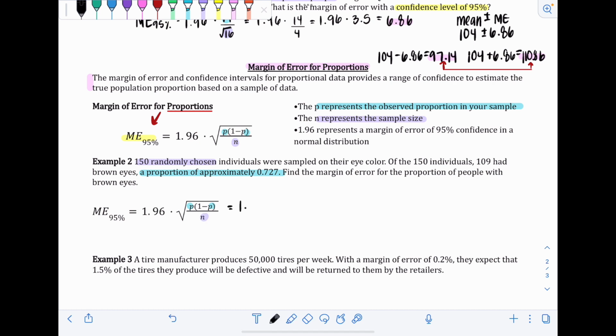So we'll put that 150 in for n. It'll be 1.96 times the square root of 0.727 times 1 minus p again, so 0.727, and then over n, which is 150.